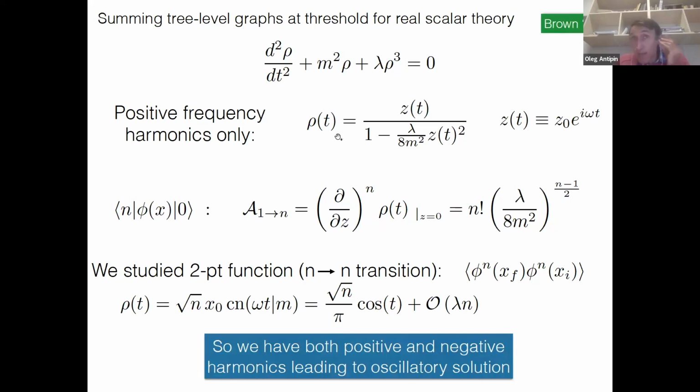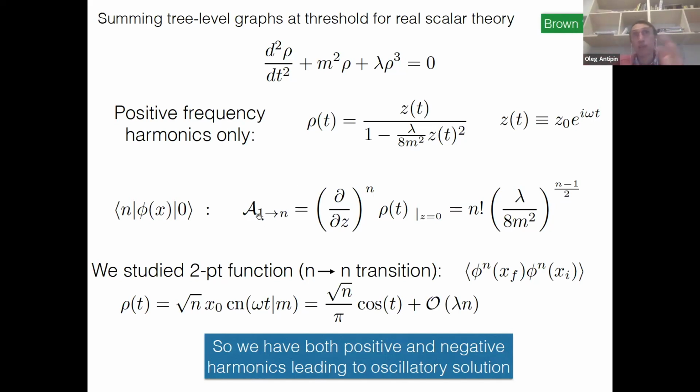But differently from us, since you're talking about an amplitude here, you have a process 1 to n. Your initial state was only 1 particle, and the final state has n particles. That's why you have to have only positive frequency harmonics in your solution. The classical solution has only e to the i omega t because you propagate into the future.